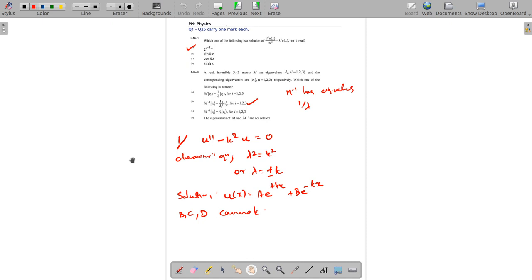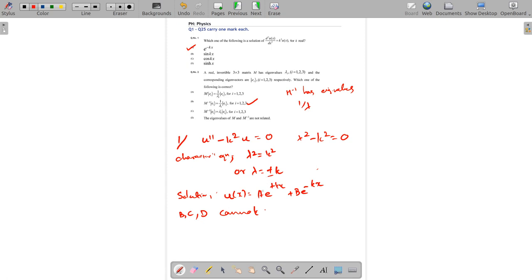So this is a differential equation, u double dash minus k square u equals 0, which can be solved using the characteristic equation lambda square minus k square equal to 0, or lambda square equals k square, which means lambda can be plus or minus k.